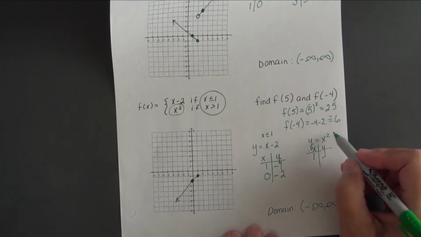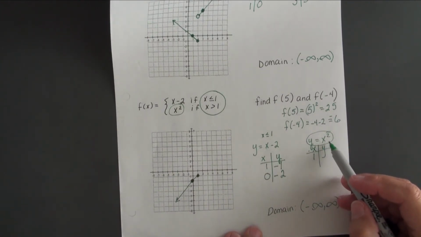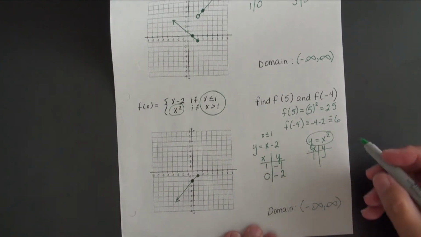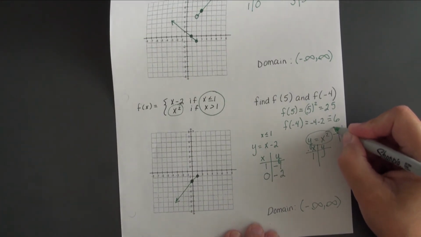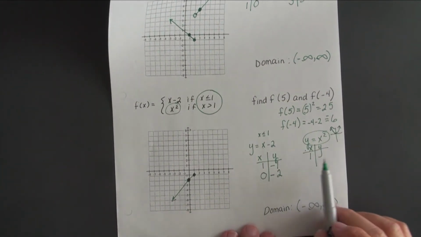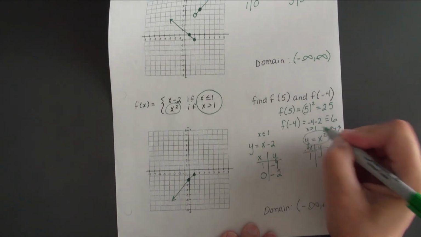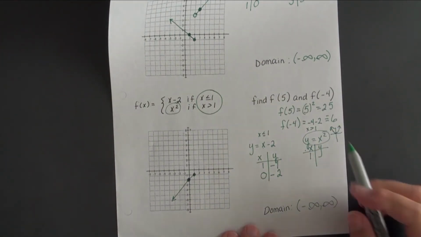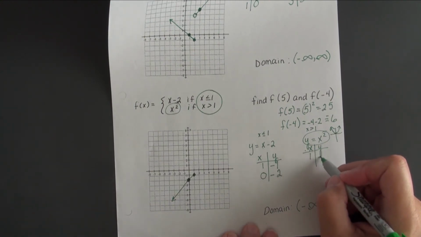Now, this is a different equation. It's not linear. We should know by now that that's a quadratic equation, so it kind of curves. y equals x squared looks like that if you do the whole thing, but we're only going to do a portion of it. We're only going to do the portion where x is greater than 1. So let's choose 1. 1 squared is 1.